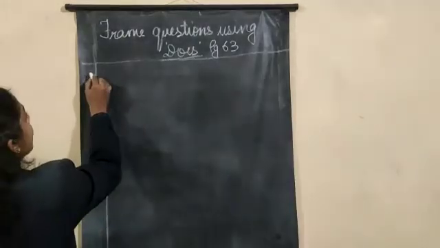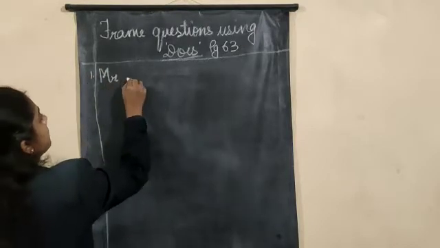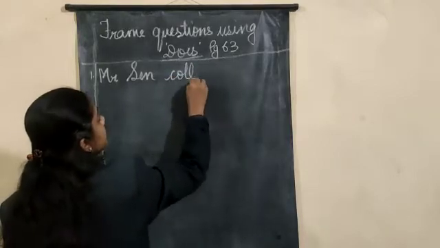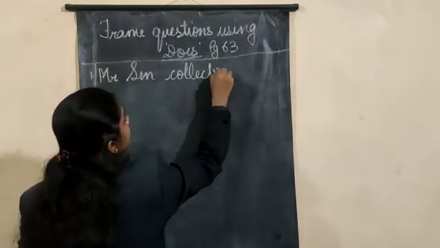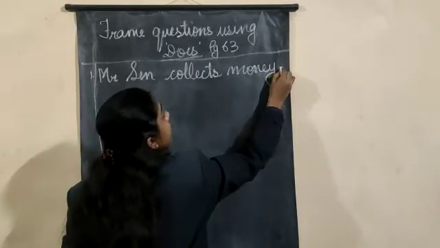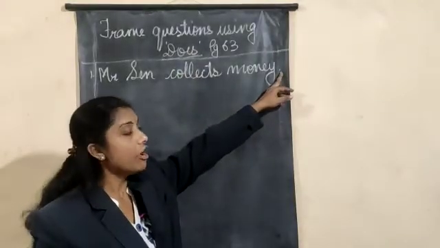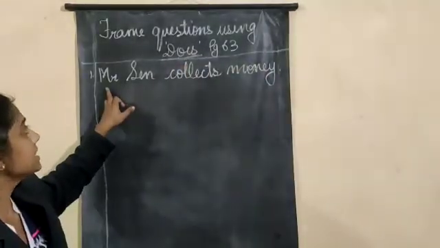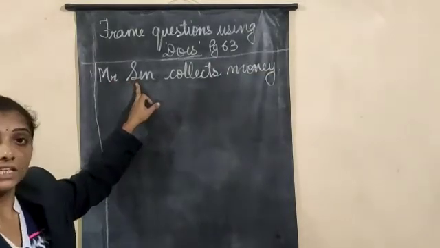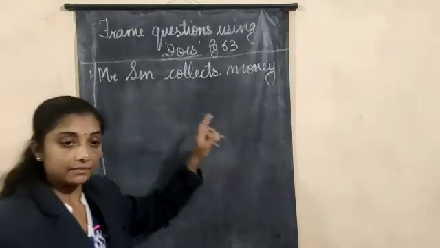Now here they have given you the sentence Mr. Sen collects money. This is a sentence, so we end it with a full stop and begin it with a capital letter. But Sen is a name, that is why we use a capital letter for Sen.